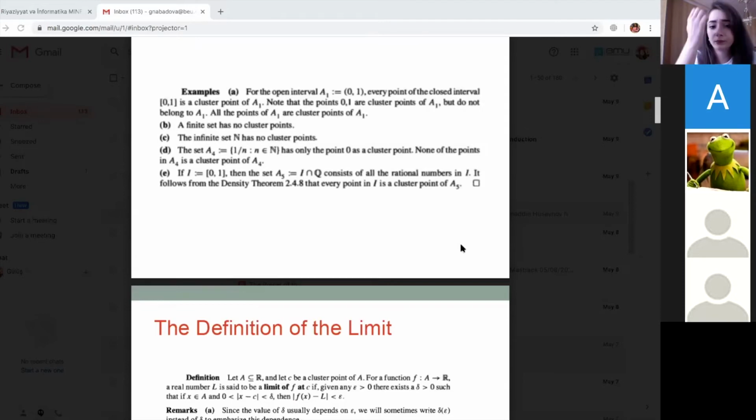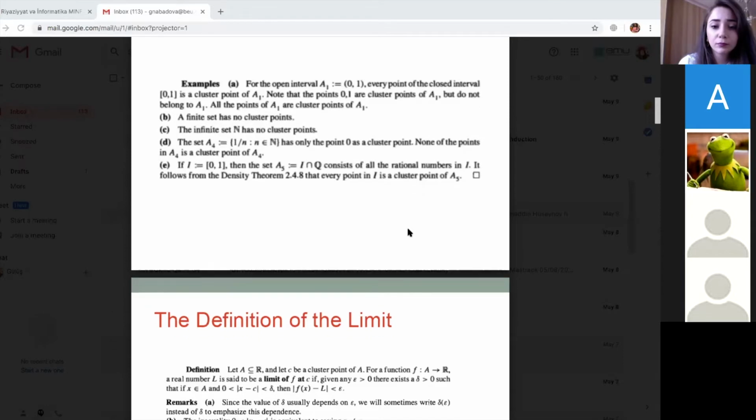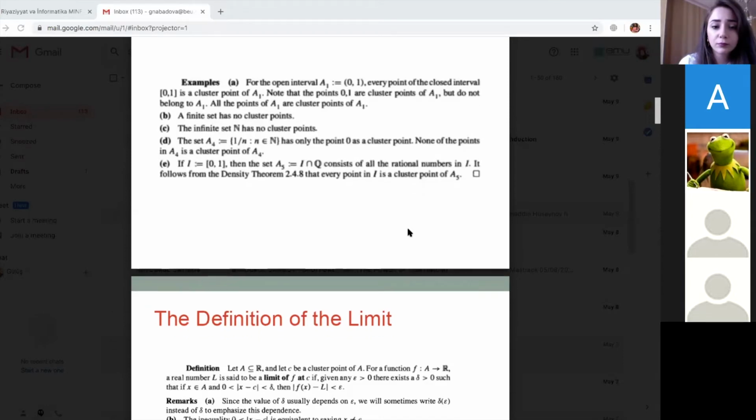If E is from the set [0, 1], then the set A4 = E intersection with Q consists of all rational numbers in E. It follows from the density theorem.